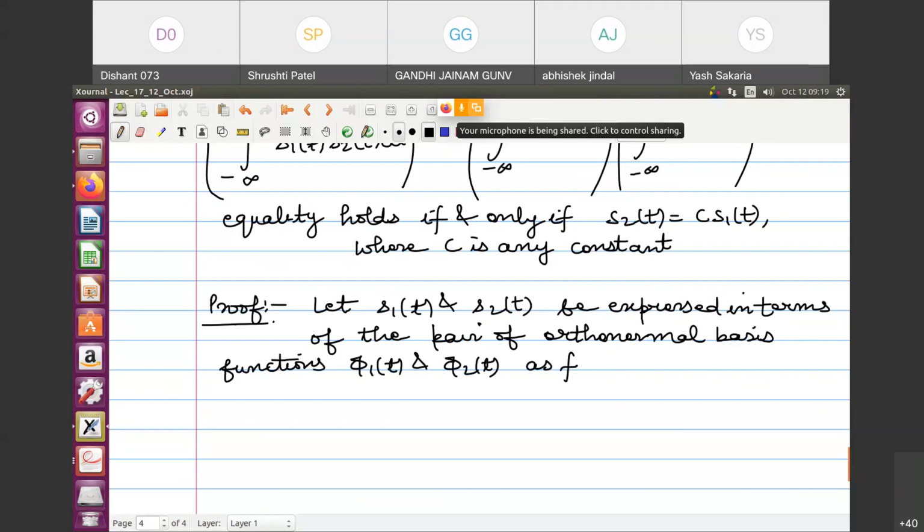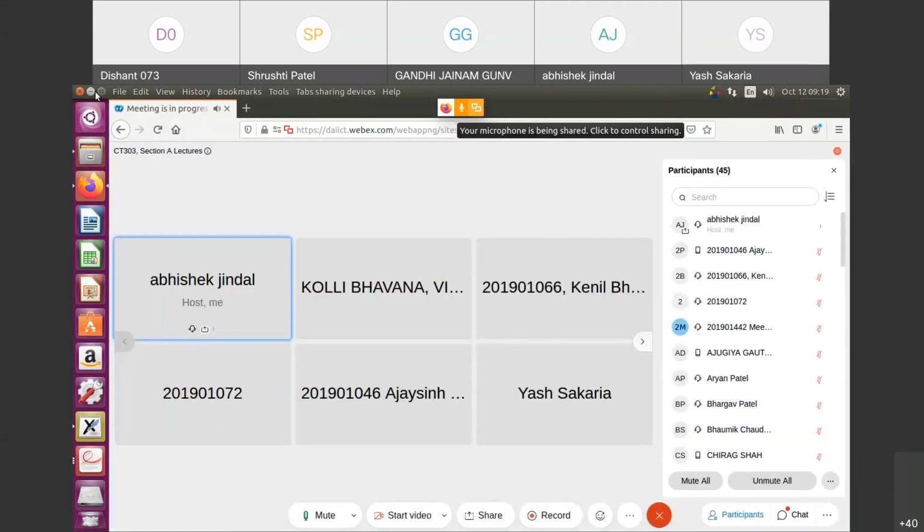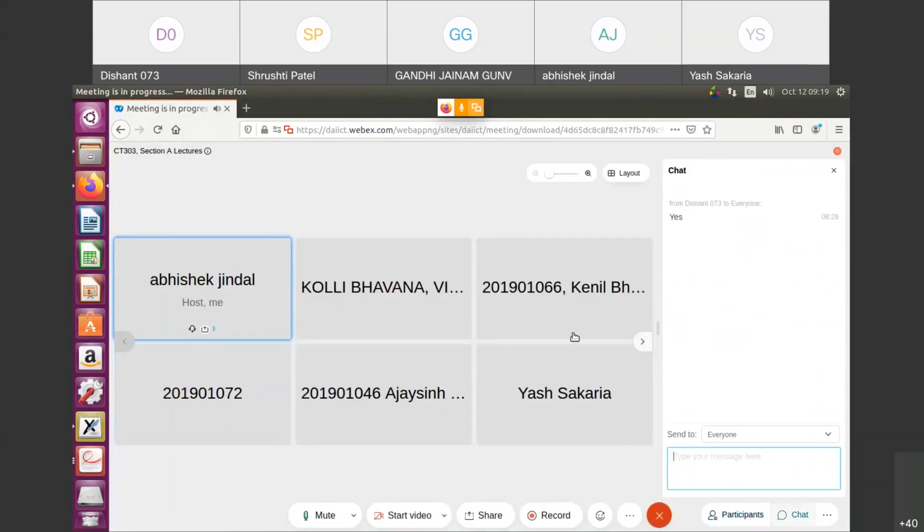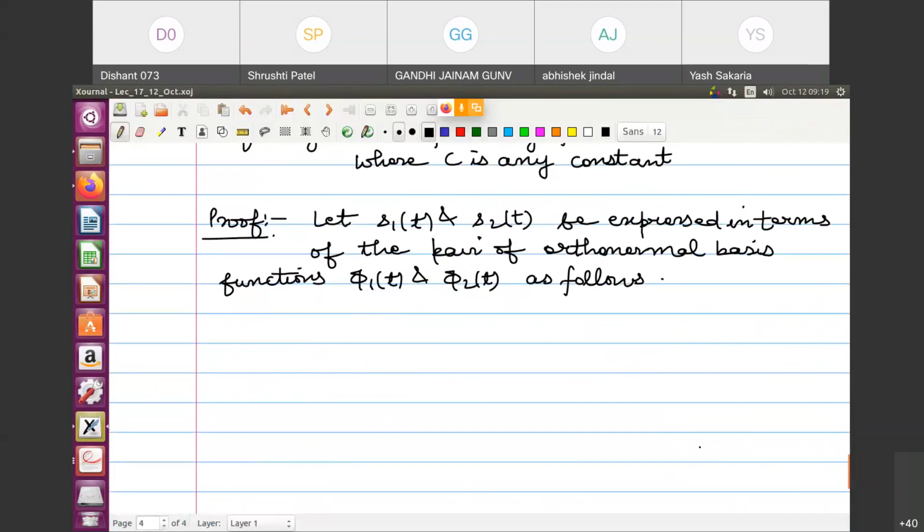Okay, so we are basically studying this proof in a looser sense, because it can be easily extended to an n basis set. Means phi1, phi2, phi3, phi4, and so on. So right now we will study the proof in terms of two basis functions, but it can be easily extended to multiple basis functions.